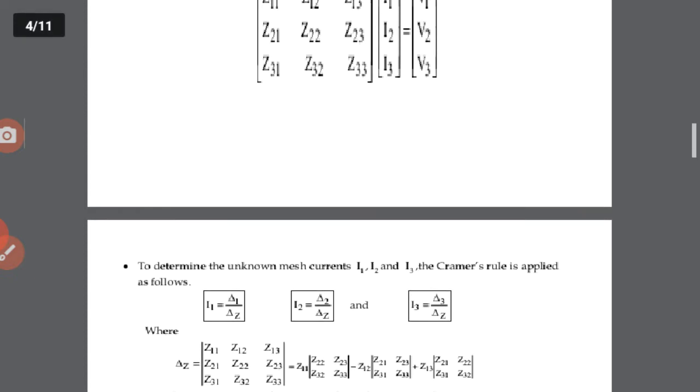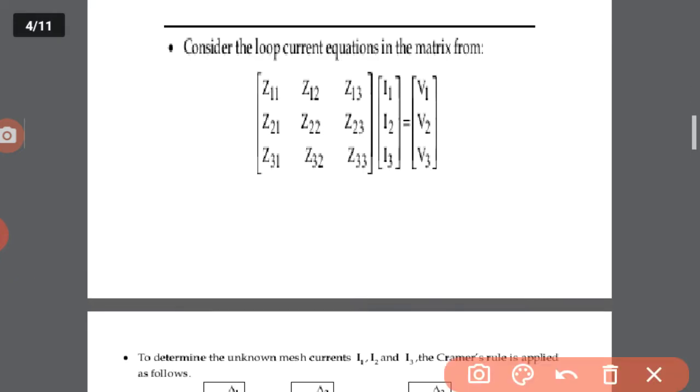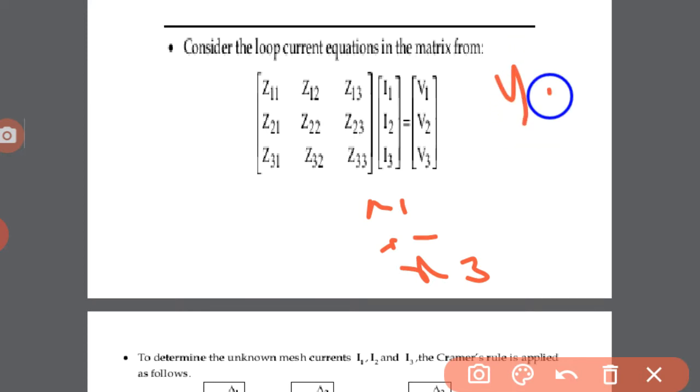In mathematics, Z1, Z2 are the coefficients, I1, I2, I3 correspond to x1, x2 and x3, and V1, V2, V3 correspond to y1, y2 and y3. But in this case we are solving a network.